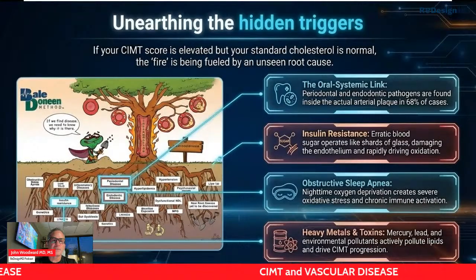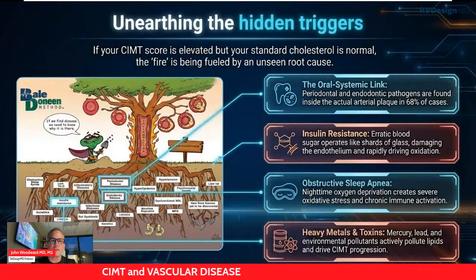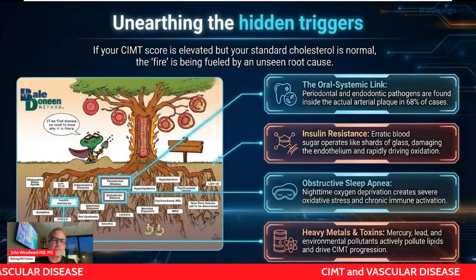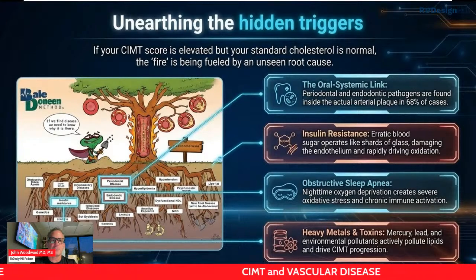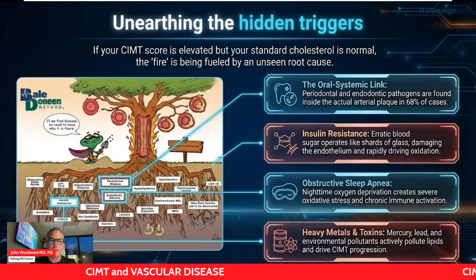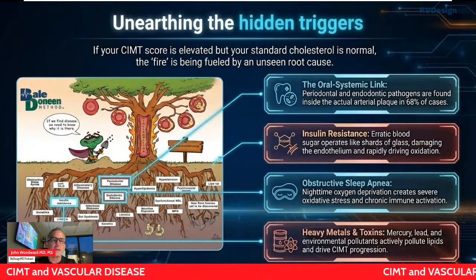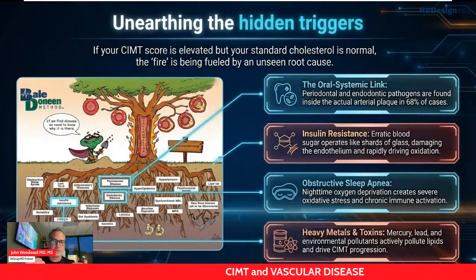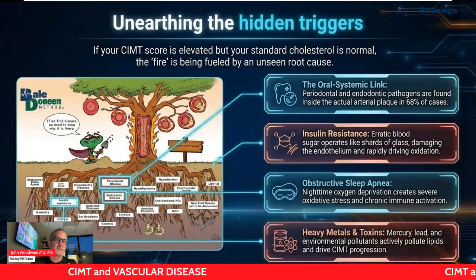So there's a certification out there called the Bale-Donine method, and this is a certification that I did at one point. They do a great job, and one of the things they do is uncover a lot of other things that can contribute to that oxidative stress and inflammatory burden, one of which is an oral systemic link.